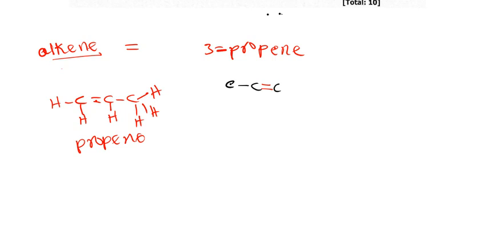So following the octet rule, this one needs three more bonds. So a hydrogen, another hydrogen, then a third hydrogen. This one already has three bonds, so following the octet rule, just one hydrogen there. Then the terminal one has two. We need two more hydrogens to be stable.